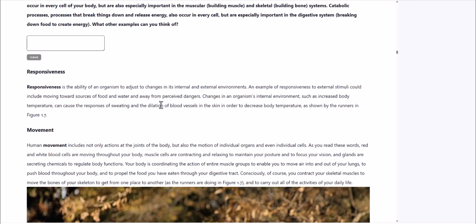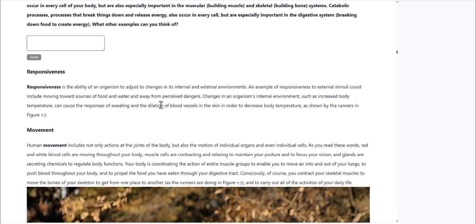When you are hungry, what do you do? You seek out food. When you are hot, you seek out shade or something to drink. When you are cold, you seek out shelter or you start to shiver to help maintain your body temperature. As a living being, you respond to your environment.